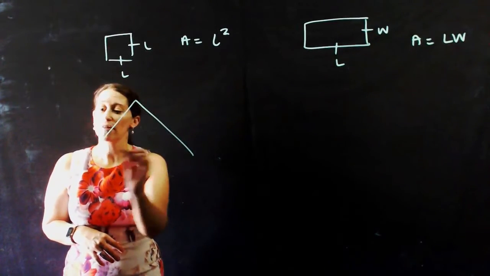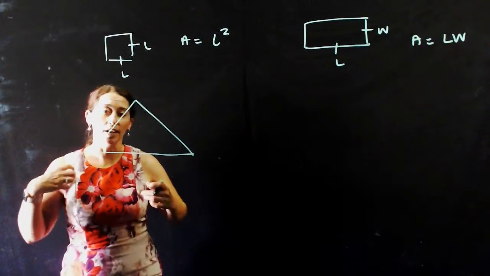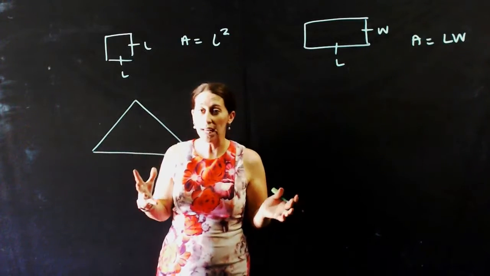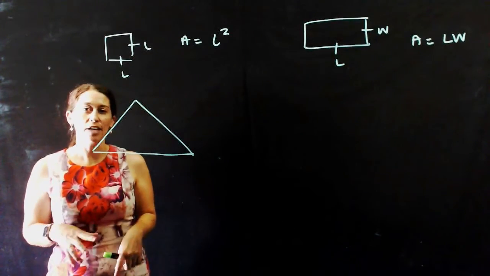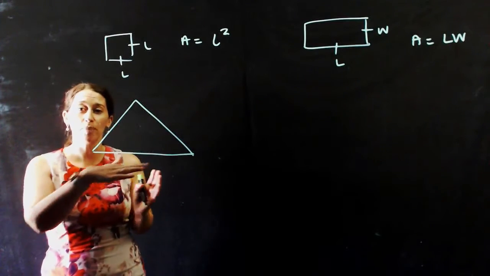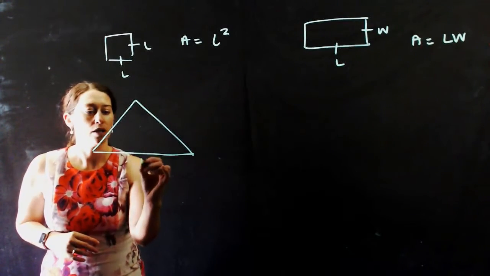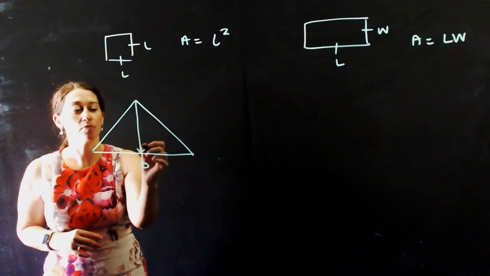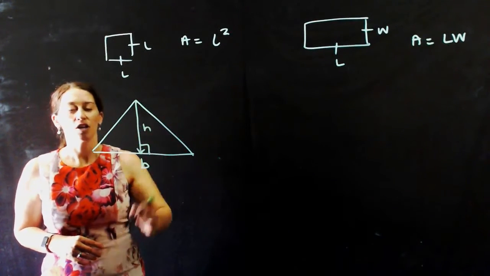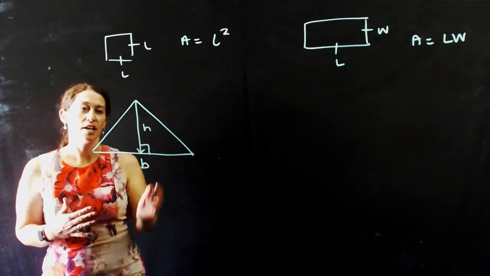Any triangle, whether it's scalene, right angle, isosceles, or equilateral, has the same formula. The key to getting the area correct is making sure that the base you've been given has a height to the top of the triangle that is perpendicular to the base. So this is a perpendicular height.